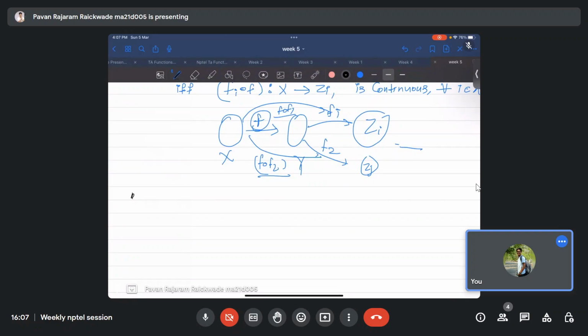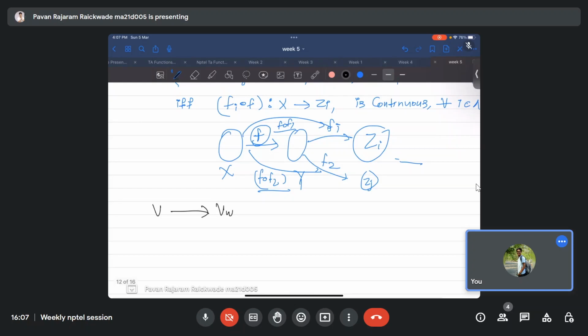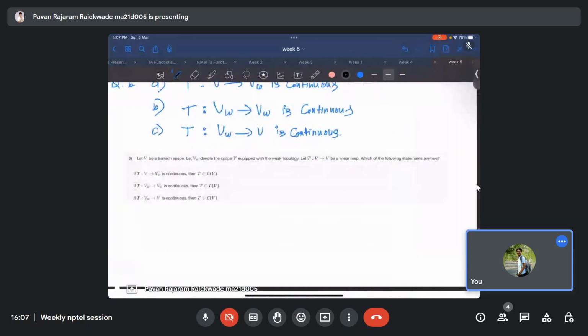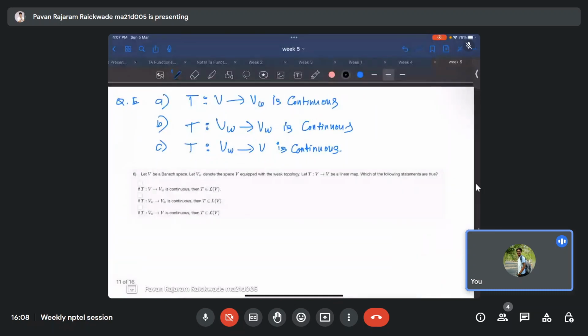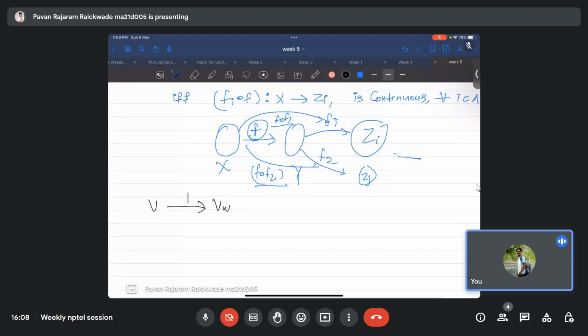is because you have from V to VW, so that map T is from V to VW, and from VW to R you have all the linear functionals, right?